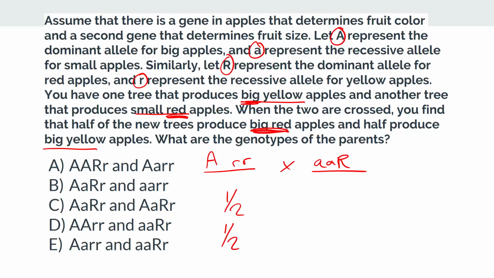What does its genotype have to be in order to be big? Capital A. We're not sure yet, right? What does it have to be in order to be red? Big R, we're not sure yet, right? Could be big R, could be little r. What about in order to be big and yellow?